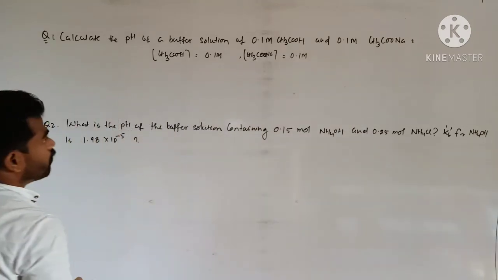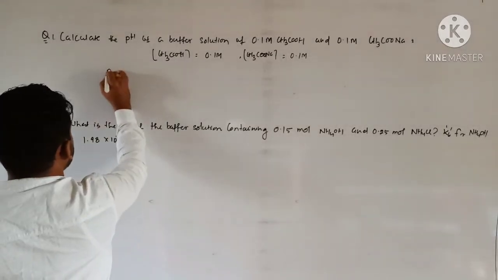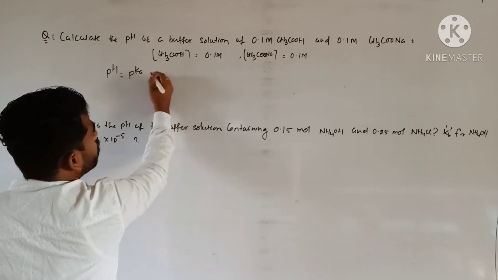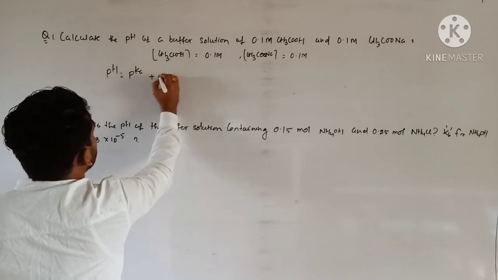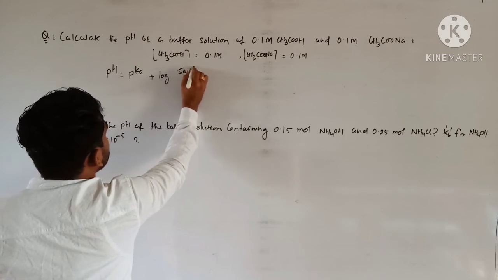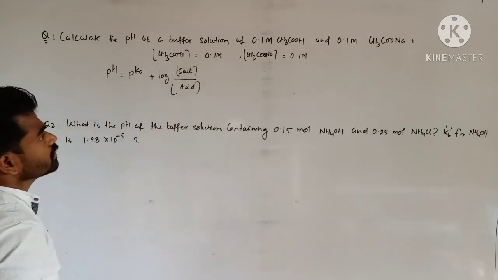This is Henderson's formula for an acidic buffer you can apply. So pH is equal to pKa plus log concentration of salt upon concentration of acid. Clear?